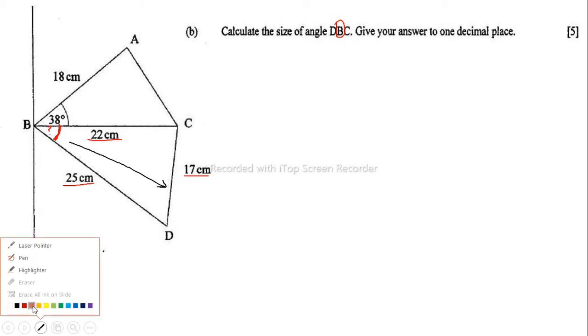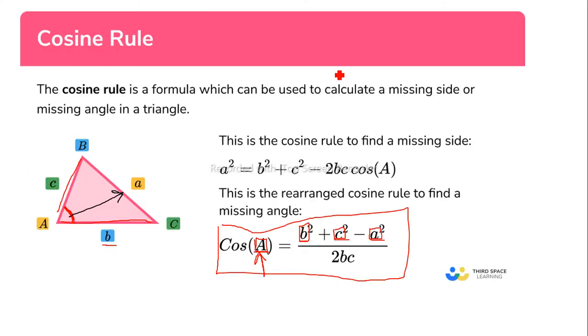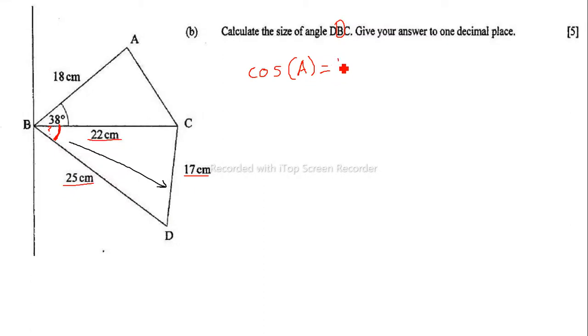The formula says that cos of capital A is going to be equal to b squared plus c squared minus a squared, all over 2bc. I changed it because you have to be careful in how we choose these letters.